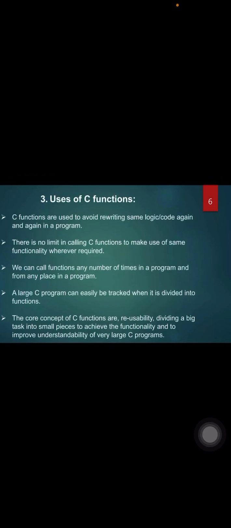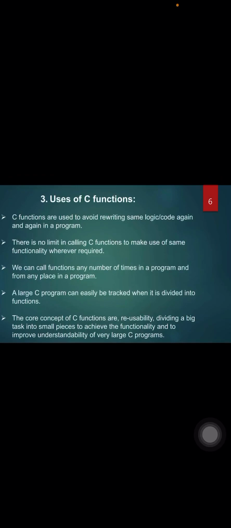This saves the time and effort of the designer. And another thing is it helps the concept of modularity, as we have discussed earlier, because one C program can be divided and assigned to different developers for specific problems, and there is no limit in calling C functions.